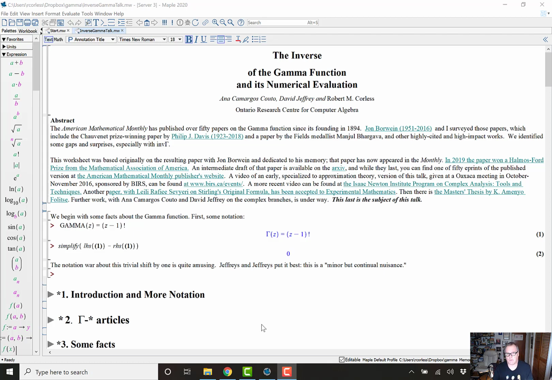I'll begin by saying that this is based on work that I did with John Borwein and published in 2018. And in 2019, the paper won a Hasse Ford Prize from the Mathematical Association of America, and there's a version of it up on the arXiv.